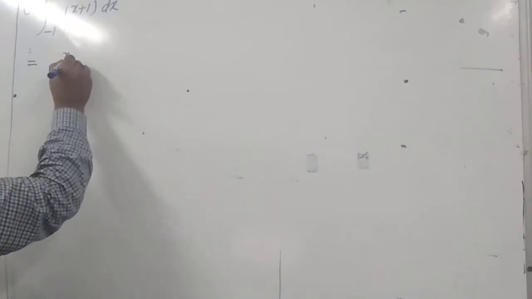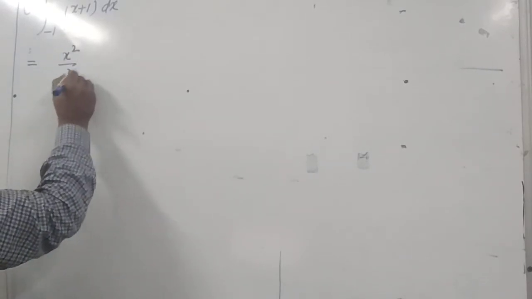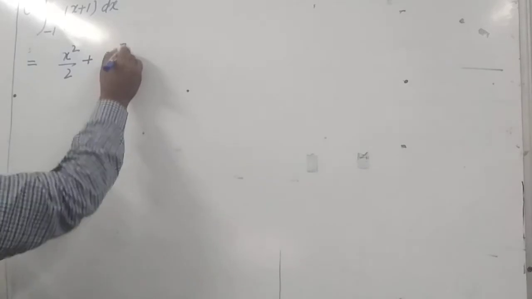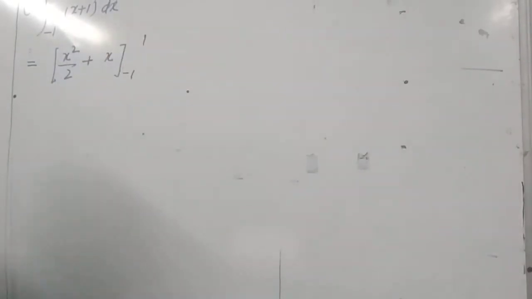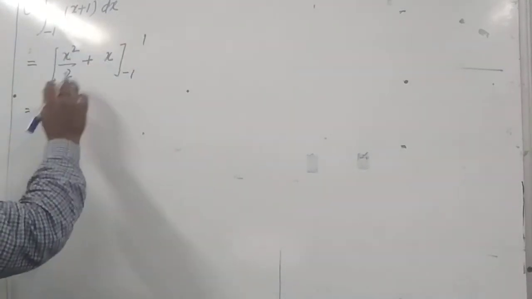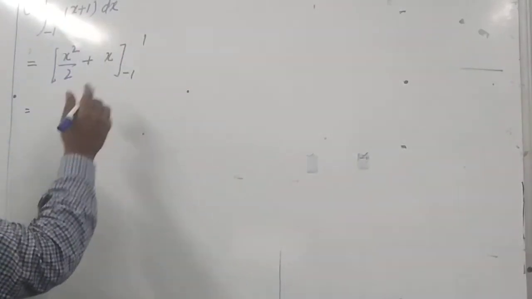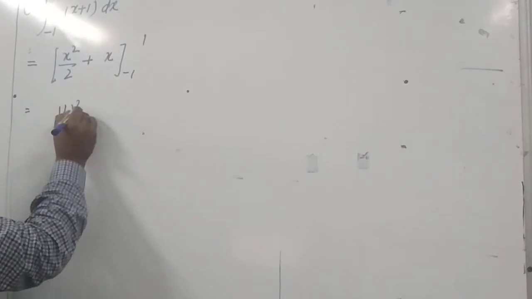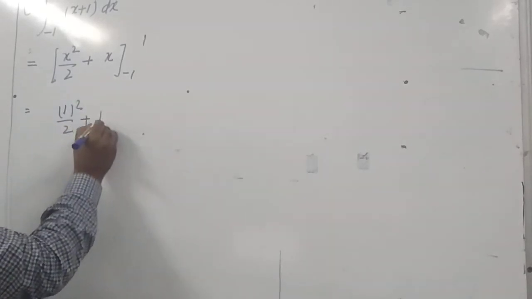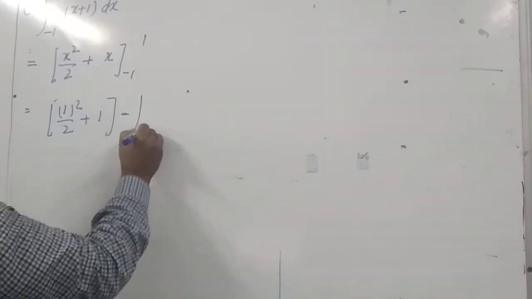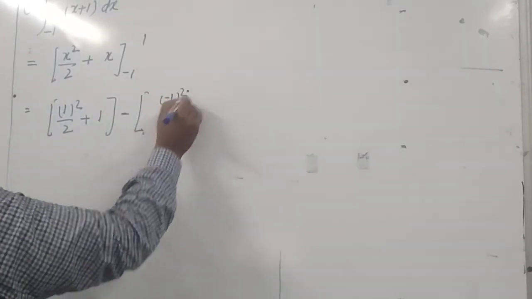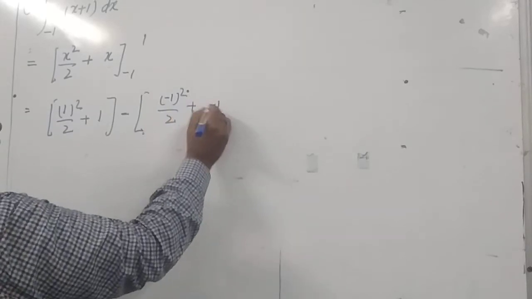So x becomes x square by 2 and 1 becomes x, from minus 1 to 1, lower limit to upper limit. Here we apply upper limit minus lower limit: (1 square by 2 plus 1) minus (minus 1 square by 2 plus minus 1).